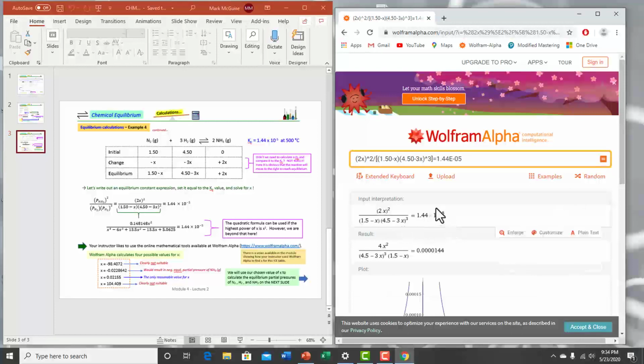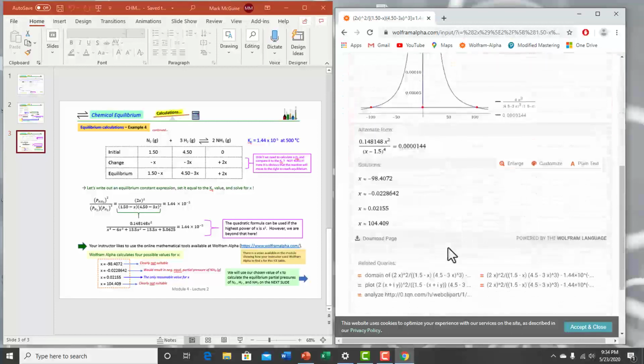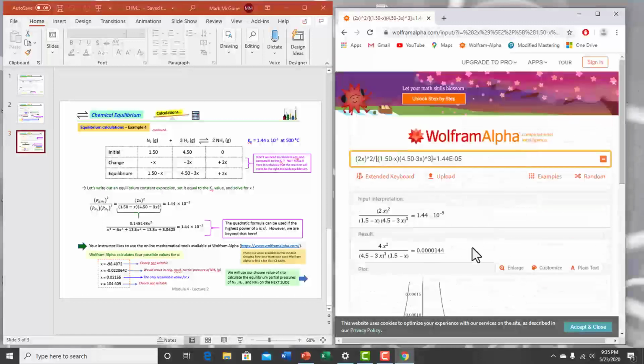Looks like it is. So let's scroll down here, and we have 4 values of x, which look strikingly similar to the 4 values I listed in the slide, and this allowed us to pick out a reasonable value to finish the problem. So again, I have found Wolfram-Alpha to be very handy.